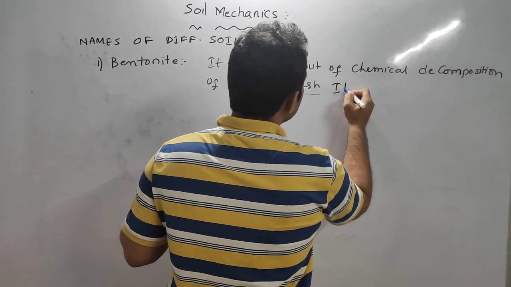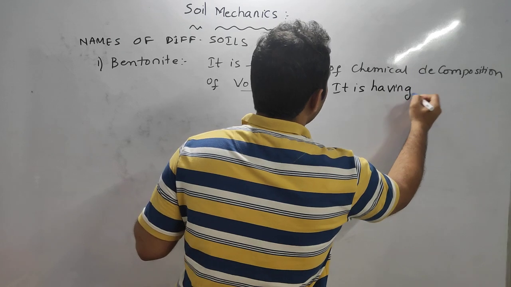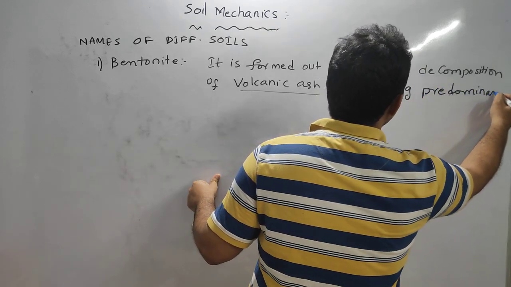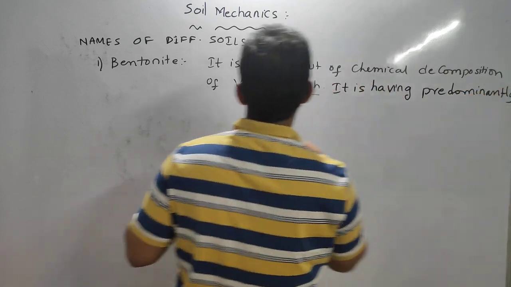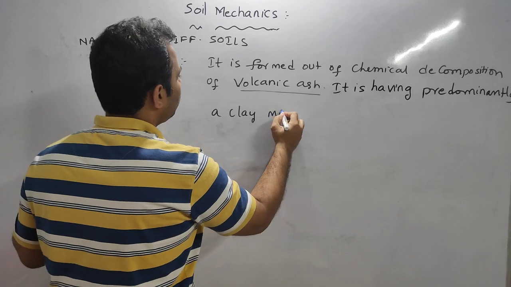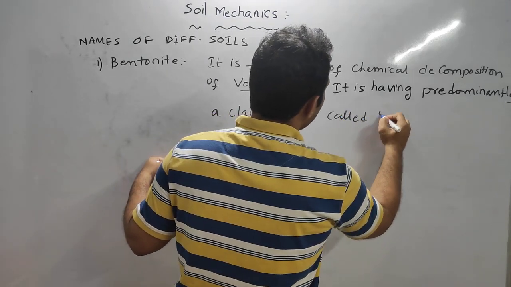So it predominantly has a clay mineral called montmorillonite.